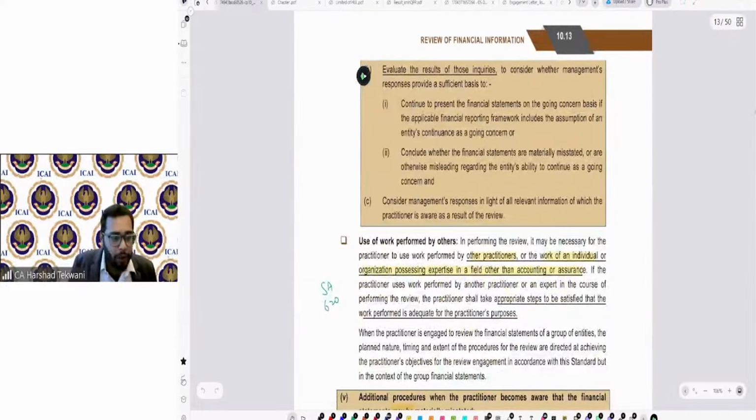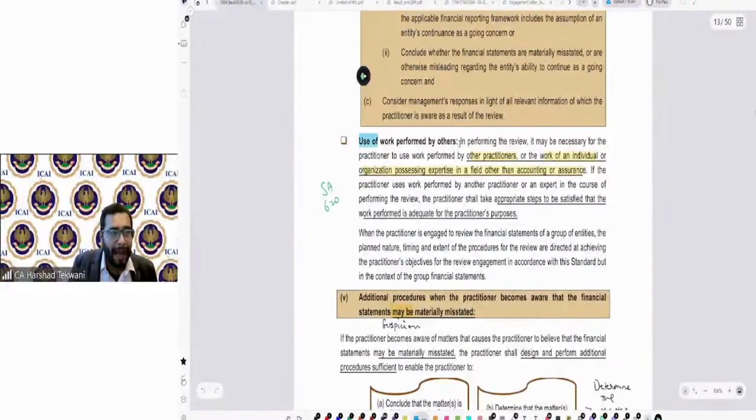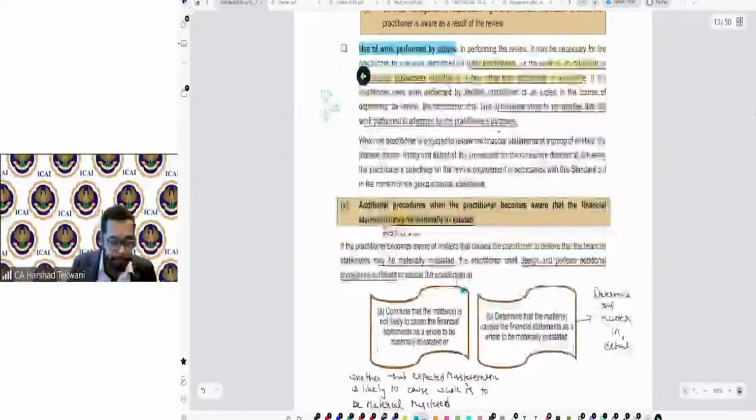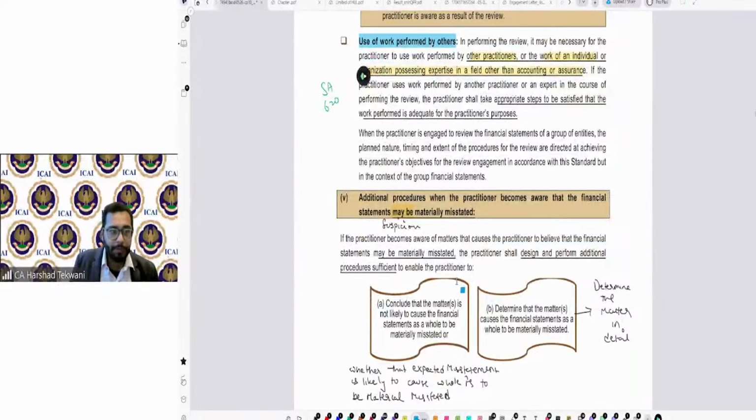We discussed using work performed by other practitioners in a review engagement, similar to SA 620. We also discussed additional procedures when practitioners become aware that the financial statements may be materially misstated, similar to SA 450.